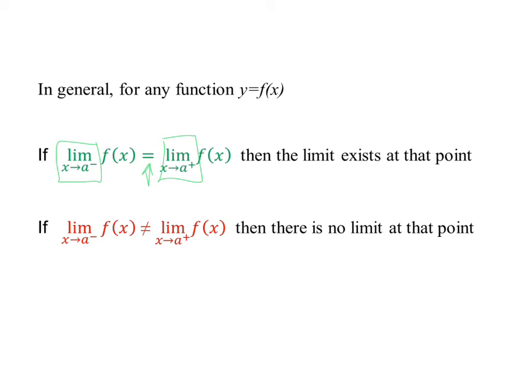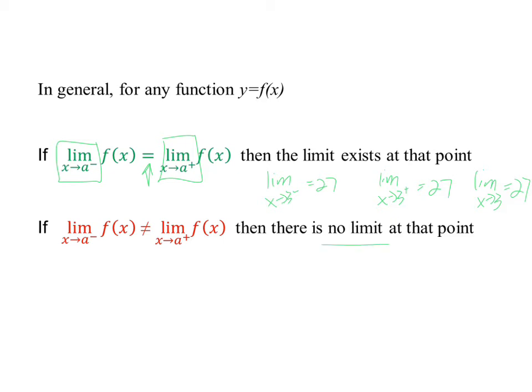In the one that we just had, the limit as x approaches 3 from the left was equal to 27, and the limit as x approaches 3 from the right was also equal to 27. Because 27 is the same for both, our overall limit as x approaches 3 is indeed 27. So we have to look at it from the left and the right and see if they match or not. If they don't match, then we simply say there's no limit.